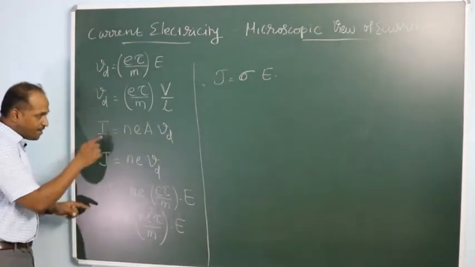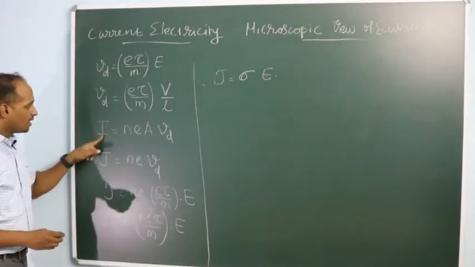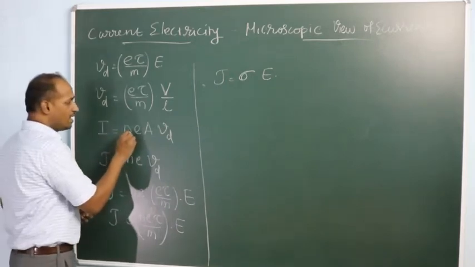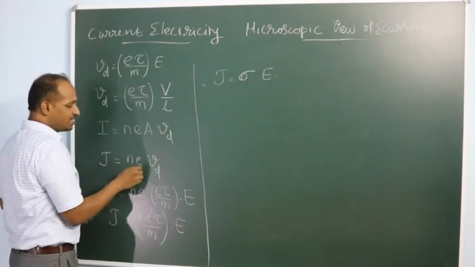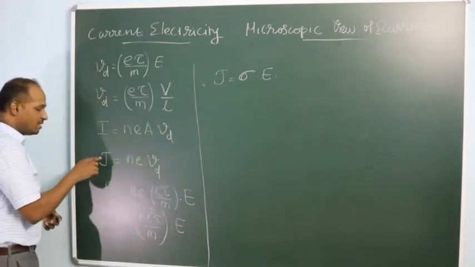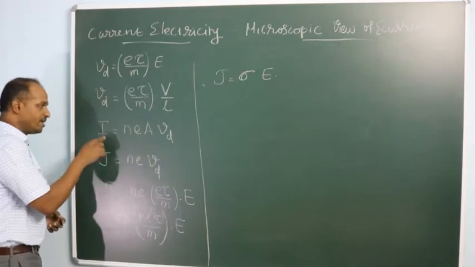As in the previous video, we know that current is current density into area, because N e A v_d, what is missing here? A. When you multiply A on both sides, current density into area becomes current.